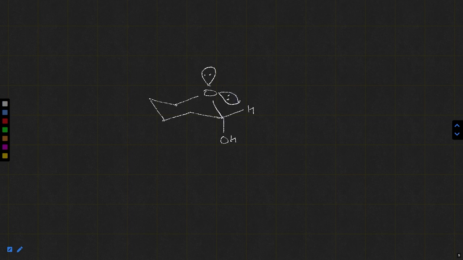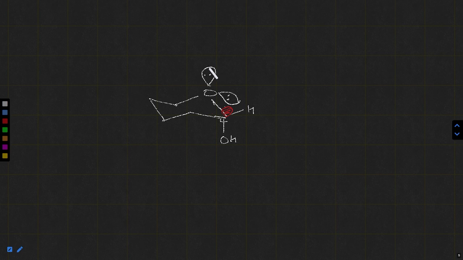Now what will happen? There is an anti-bonding orbital here of the C-O bond. There is a bond between C and O, that is the bonding, and suppose this is our anti-bonding. Now what will happen?